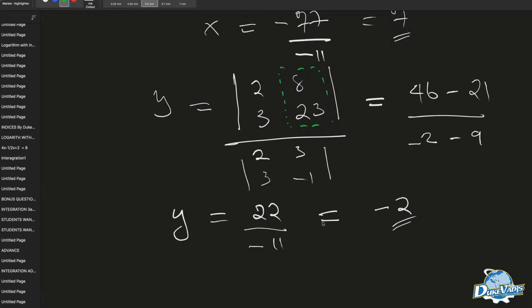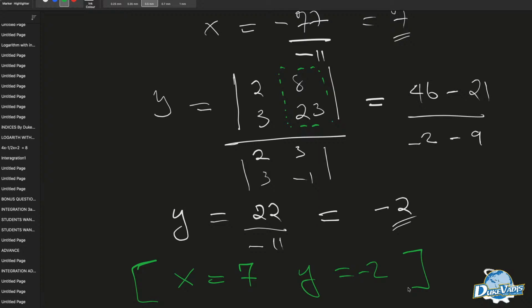So you realize that after using Cramer's Rule, the x value is 7 and our y value is -2. As you compare all the answers we got from the different methods, like elimination, substitution, and the matrix method, we ended up having the same value.